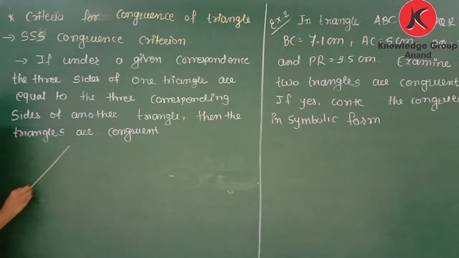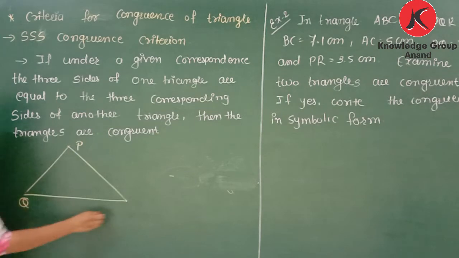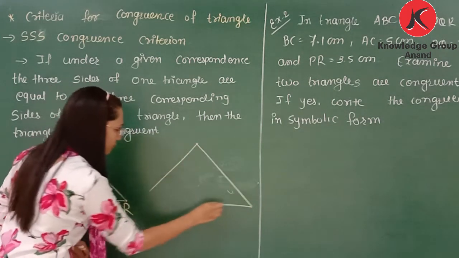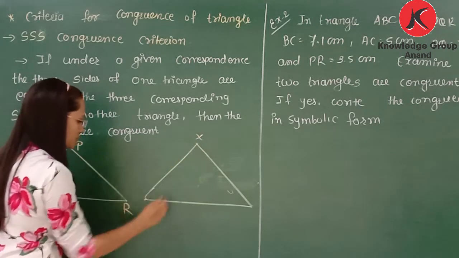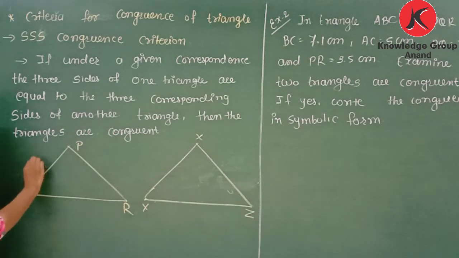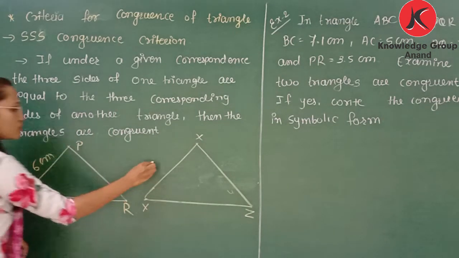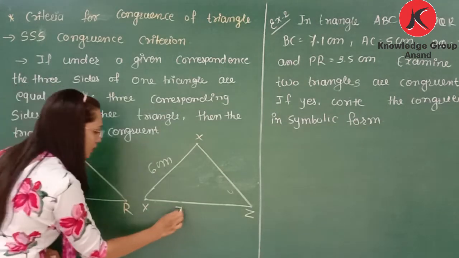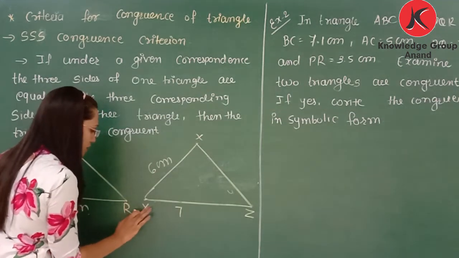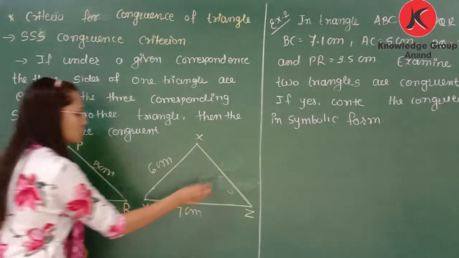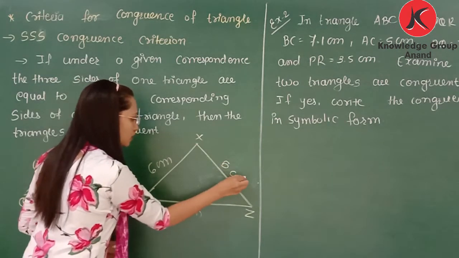So if we have a triangle like this, PQR, and this is XYZ. Now if this side is 6 cm, this is also 6 cm, and if this one is 7 cm, YZ is 7 cm, this is 5 cm, and in this triangle XZ is 5 cm.